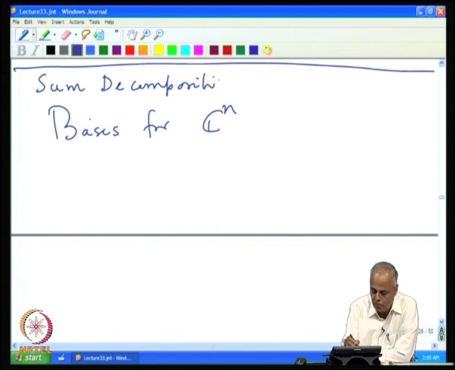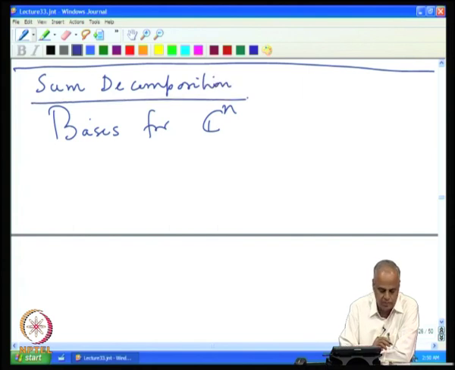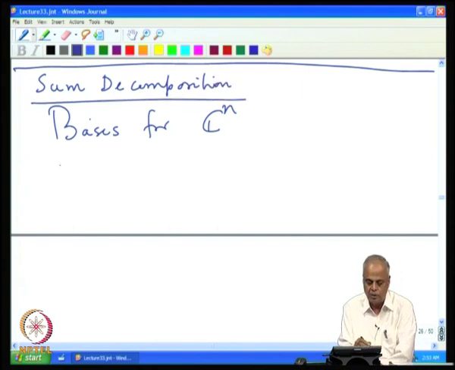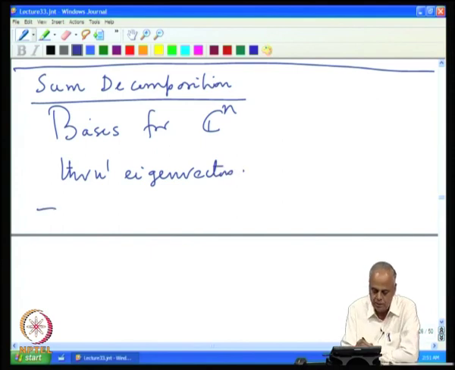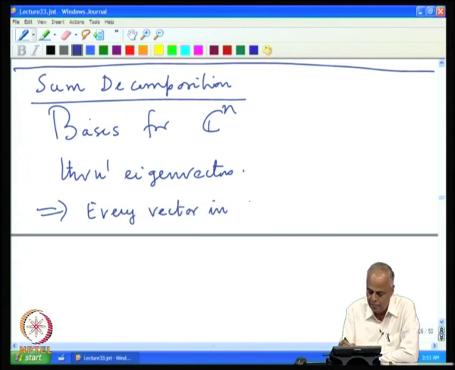We have the basis for Cn through eigenvectors, and this implies every vector in Cn can be expanded.